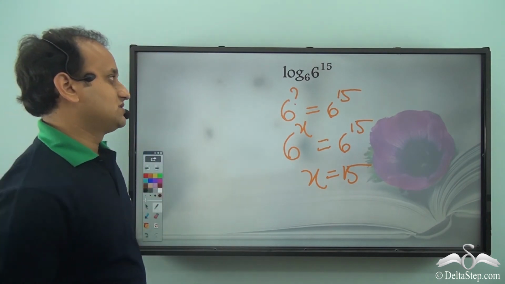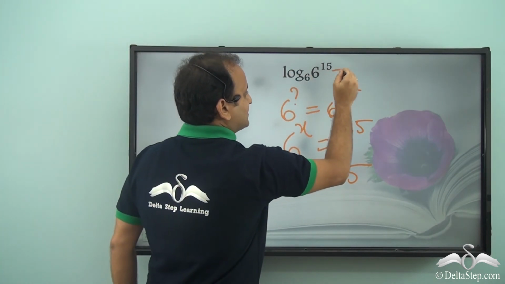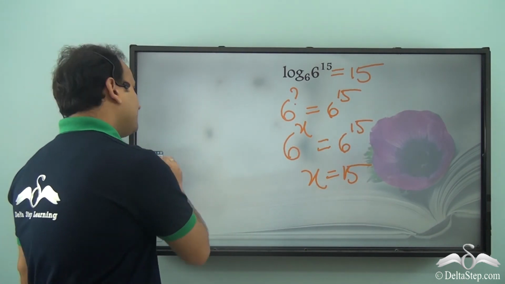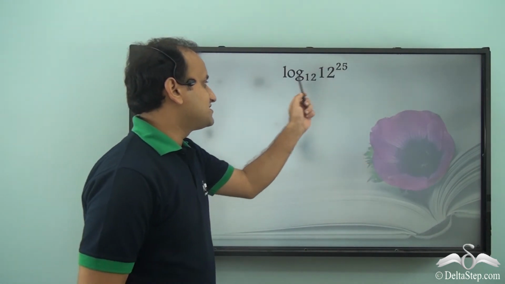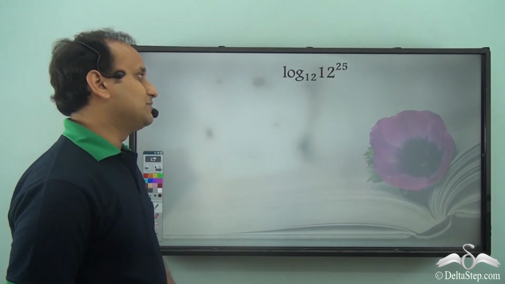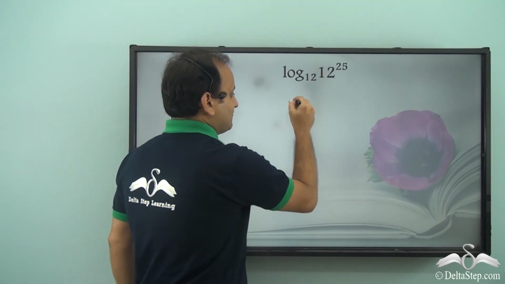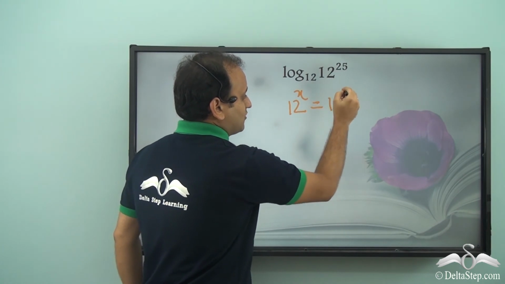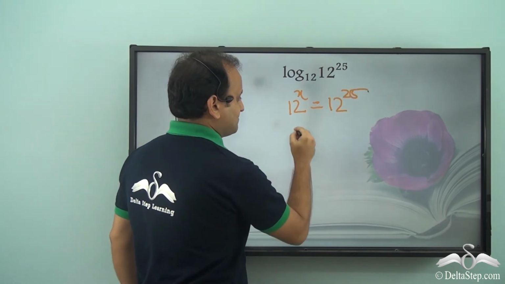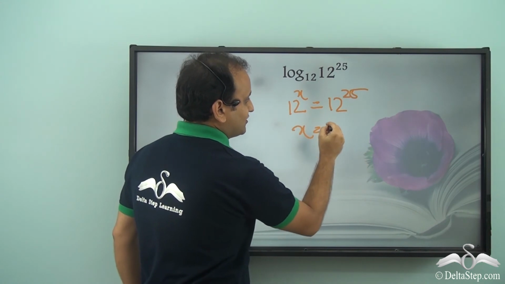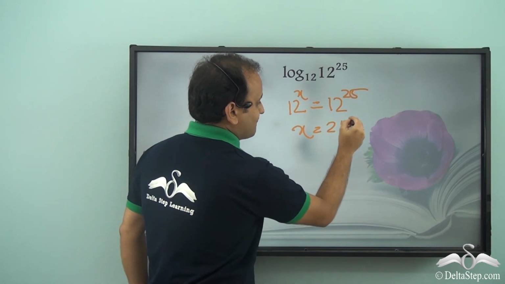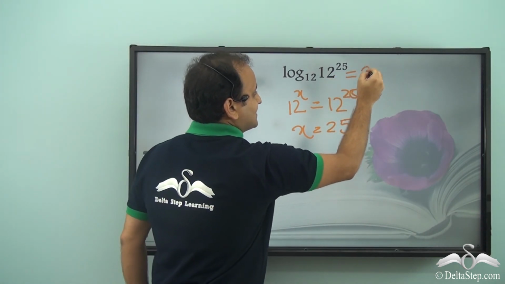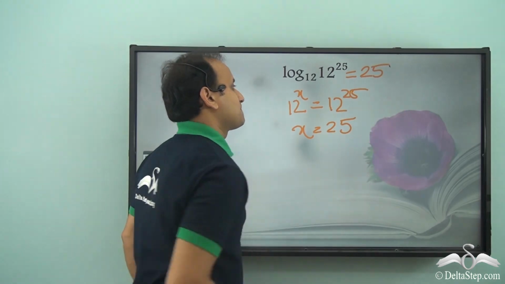So that means this value is nothing but 15. Now he has got another question which will be solved very similarly, that is 12 to the power of x is equal to 12 to the power of 25. That means x is equal to 25. That means the answer for this is 25.